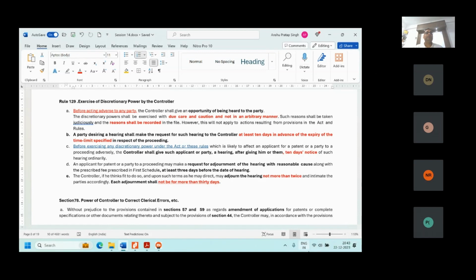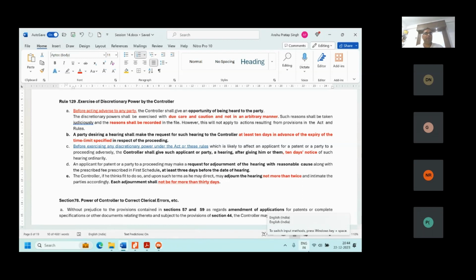Now, suppose you are going to exercise any discretionary power which will affect any other person adversely. First, opportunity of being heard has to be given. And for a hearing, you have to give at least 10 days notice. That is, a reasonable period should be given.